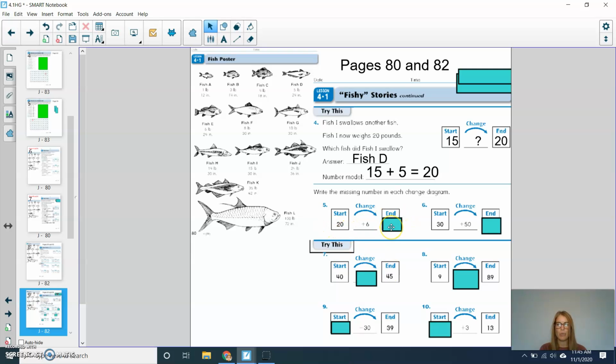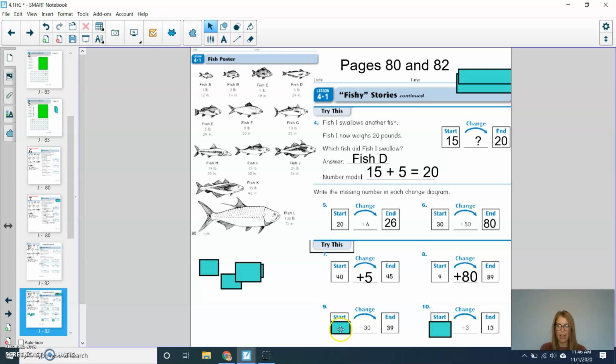For question 5, 20 plus 6, you should have had 26. 30 plus 50, you would have had 80. Now, if I'm at 40 and I'm ending at 45, my change is that I added 5. If I'm at 9 and I ended at 89, I added 80, so my change was plus 80.